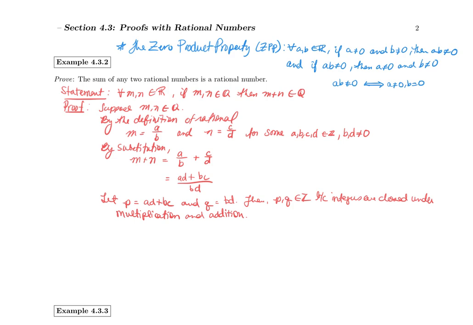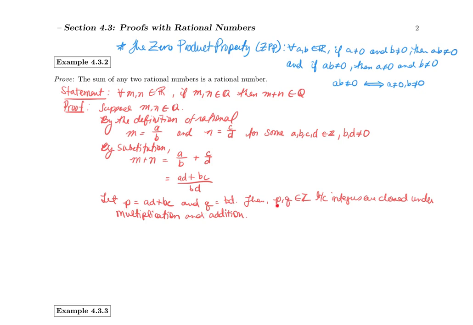The same is true going the opposite direction. A doesn't equal 0 and B doesn't equal 0 if and only if A times B doesn't equal 0. So this is our zero product property. So how are we going to use this in our proof? Well, we have shown already, or at least we've said, we're going to let P be the numerator and Q be the denominator.